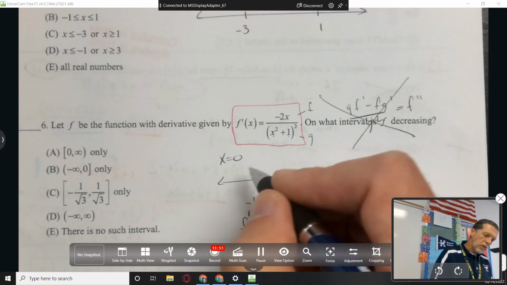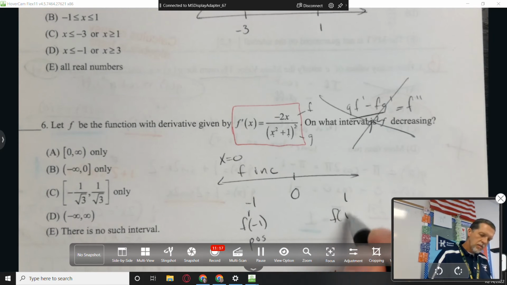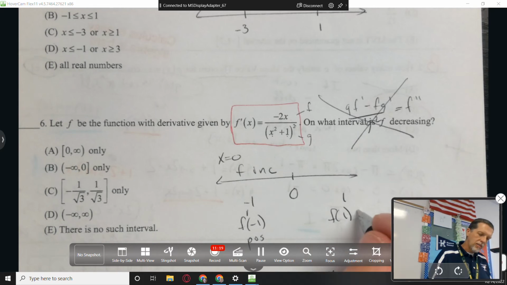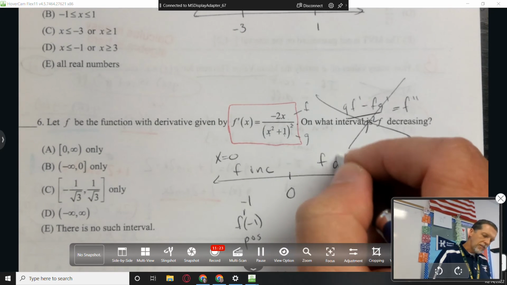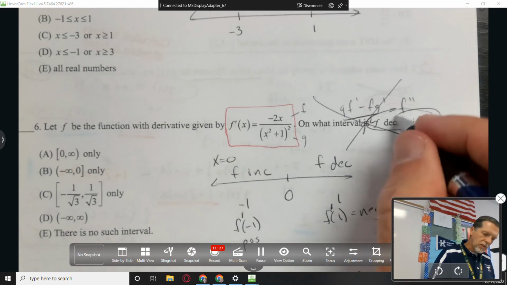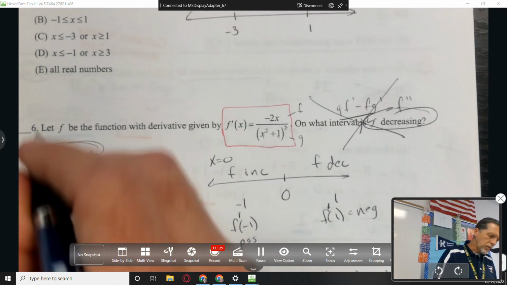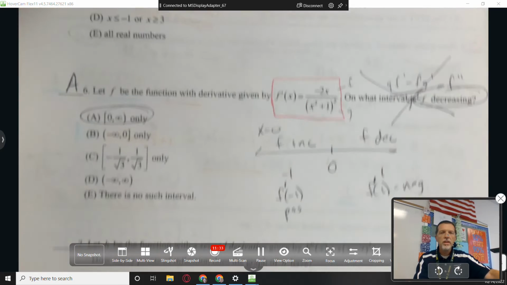And if f prime is positive, then f is increasing. If I plug in 1, I get negative. Whoops, f prime is negative, which means f is decreasing. And it wanted to know where is it decreasing from 0 to infinity, which is what most of you did.